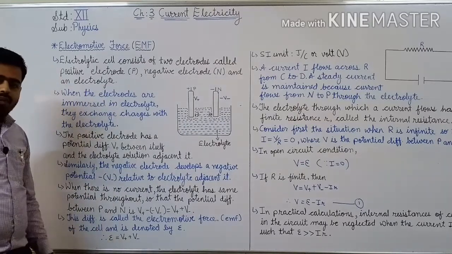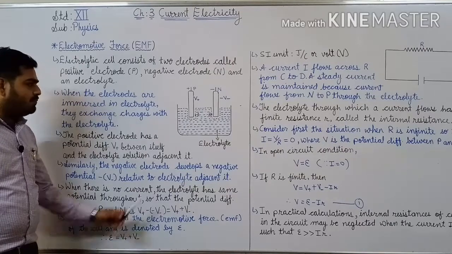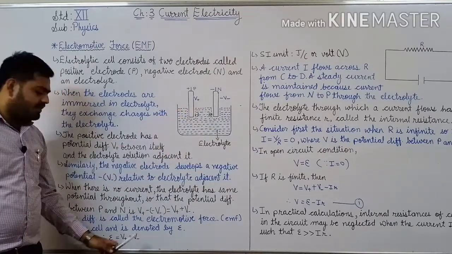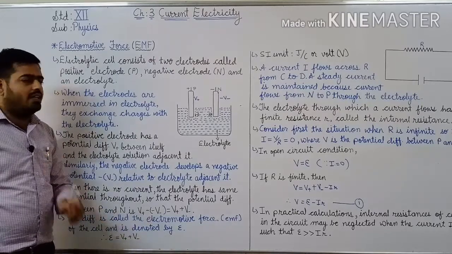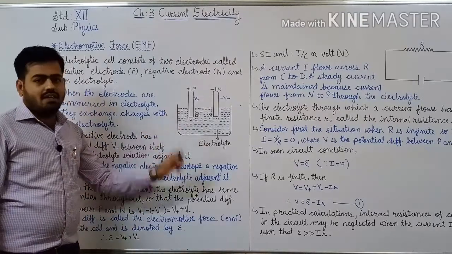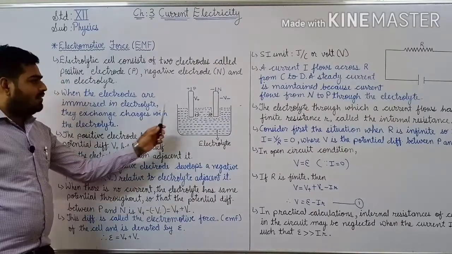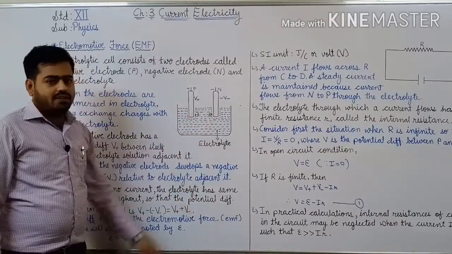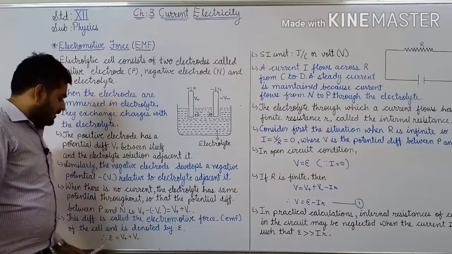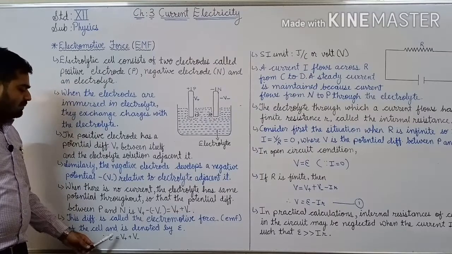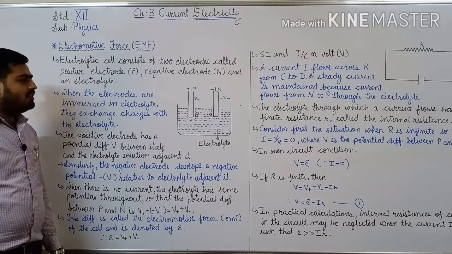EMF is the potential difference between these two electrodes, V plus plus V minus, when no current is flowing through the electrolyte. In open circuit condition, whatever is the potential difference between two electrodes is the EMF of the cell. This way we can find electromotive force.